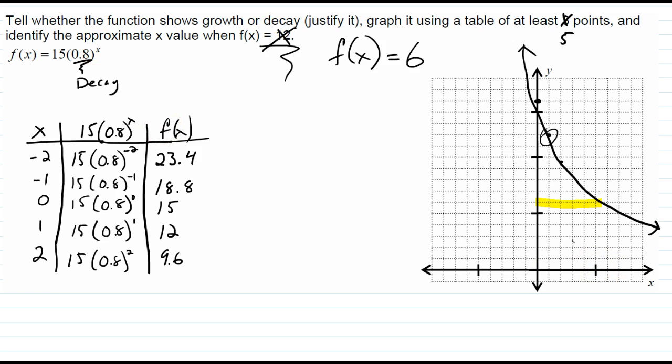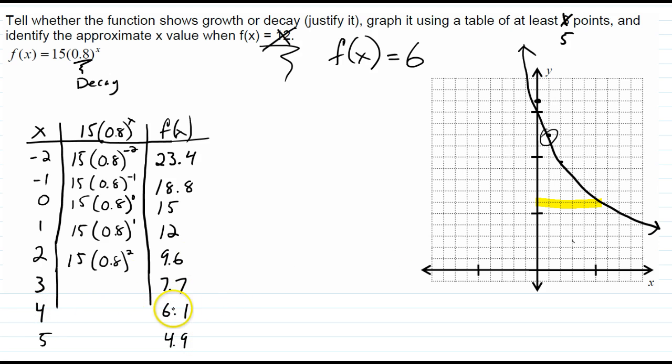If you continue on with your table, this becomes 7.7. You plug 4 in, you get 6.1. Plug 5 in, you get 4.9. So using our table, our output's going to be 6 between 4 and 5.